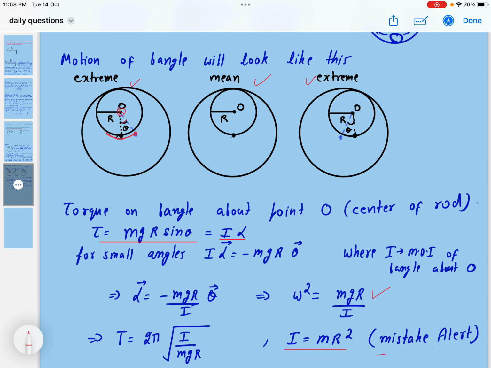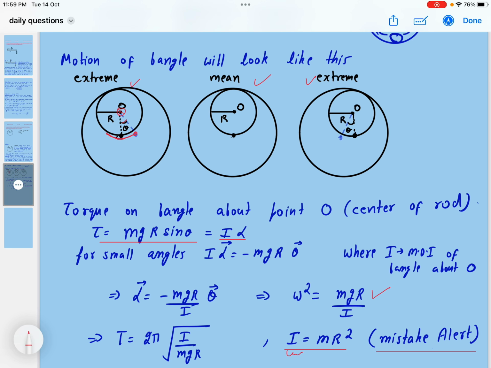Here is a mistake alert. Mistake alert means it's not that what I have written is a mistake; generally students make a mistake here. What students feel is that about point O we write the moment of inertia, and about the center of mass of the bangle the moment of inertia is mr squared, or m into 2r whole squared. Then we apply the parallel axis theorem to write the moment of inertia about point O. That will be wrong, beta.